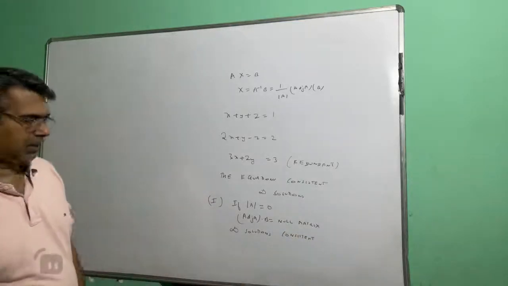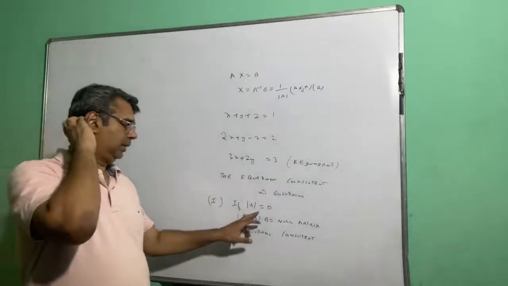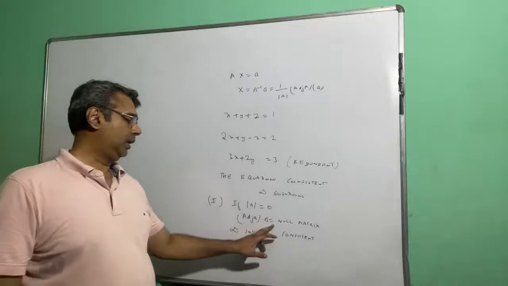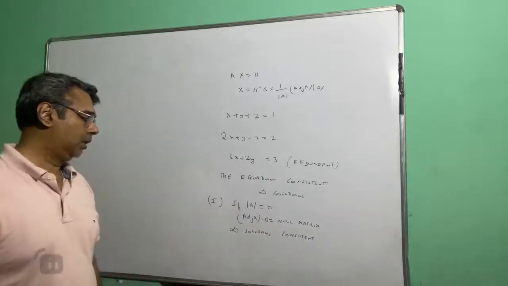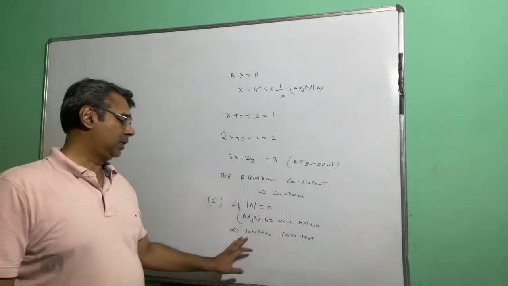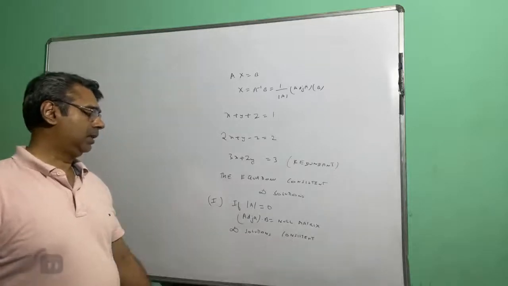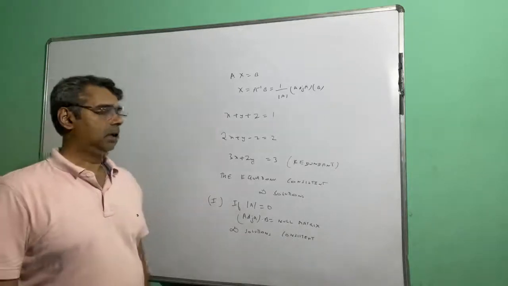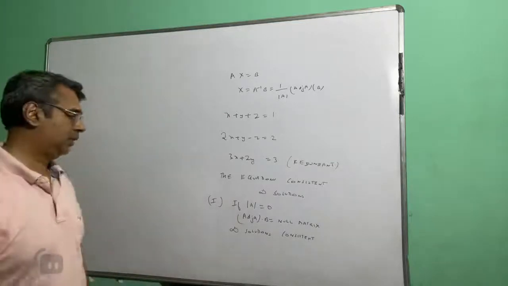Once again, if the determinant is 0 and adjoint A into b is equal to null matrix, the equations will be consistent but they will have infinite solutions.